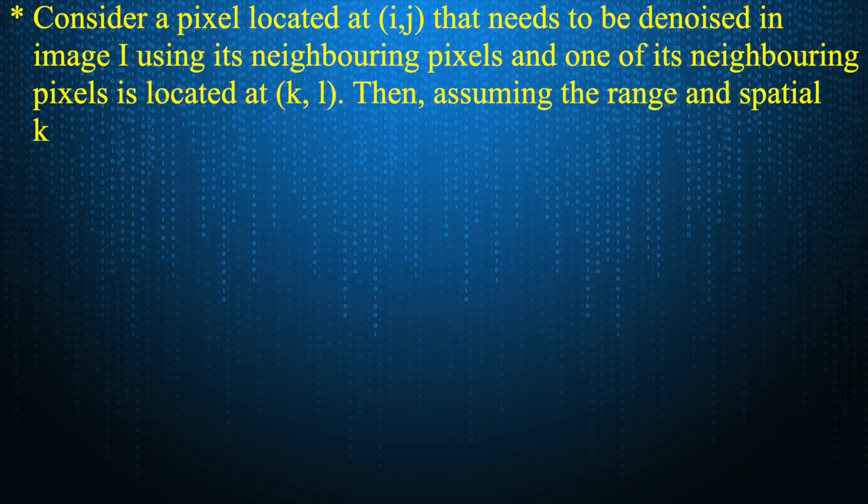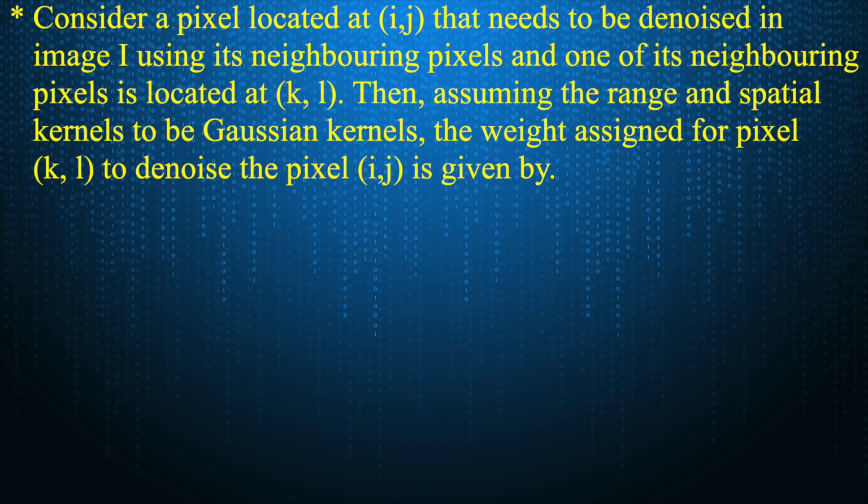Now consider a pixel located at (i, j) that needs to be denoised in image I using neighboring pixels. One of the neighboring pixels is located at (k, l).